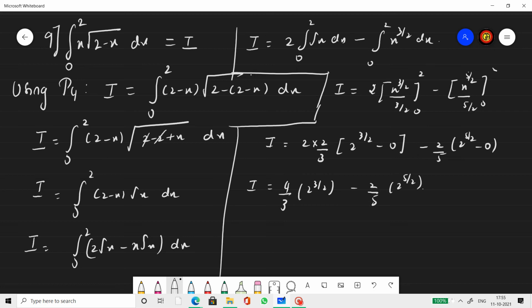2^(3/2) is the square root of 2 cubed, which means the root of 2 into 2 into 2. So this will give us 2 root 2. So 4/3 into 2 root 2. Similarly, 2^(5/2) is the root of 2 into 2 into 2 into 2 into 2.